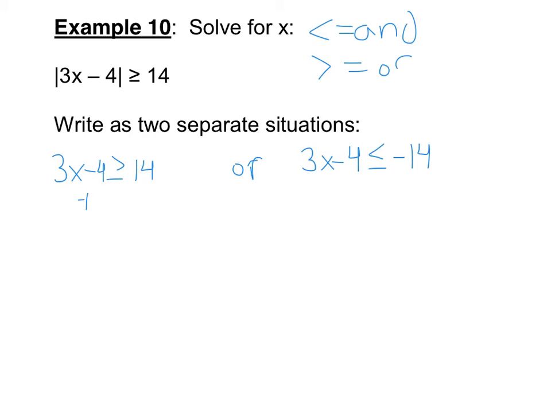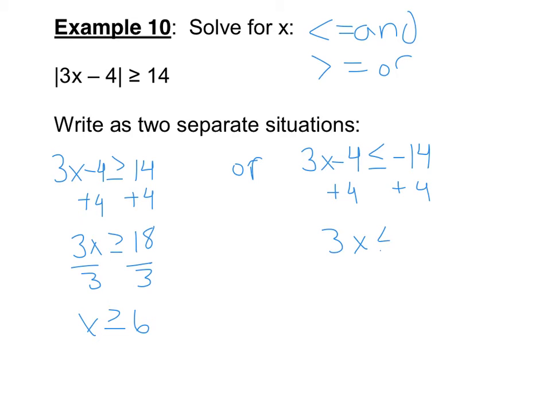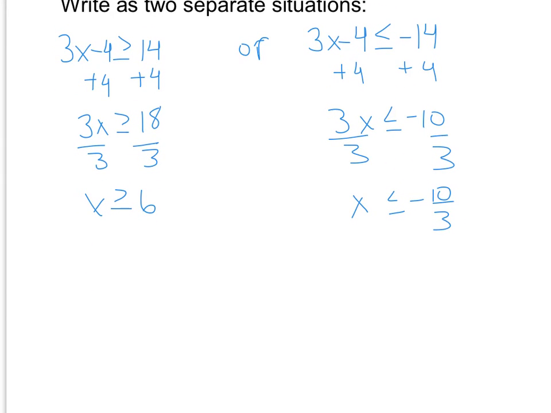So now go through, add 4. Divide by 3, you get x greater than or equal to 6. Add the 4. Divide by the 3. So there we go. And then let's talk about these, because if we had to do interval notation here, this one, you start with the smaller, so x is less than negative 10 thirds.